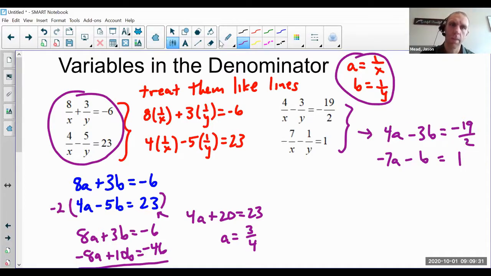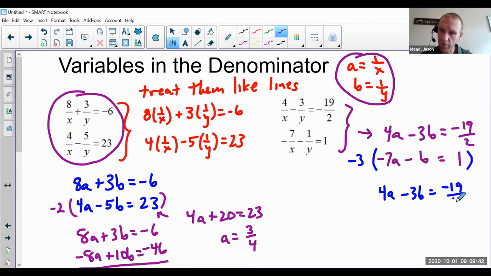So I'm going to multiply this equation by negative 3. So the top one is 4a minus 3b equals negative 19 over 2. And the bottom one is 21a plus 3b equals negative 3.